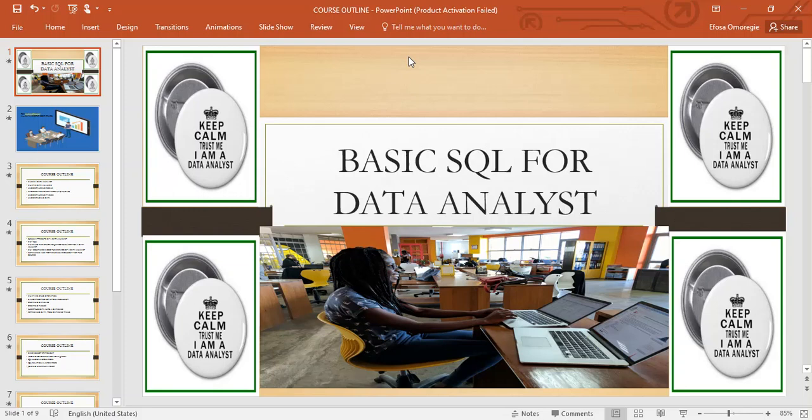That's what you want to do. So in order for you to do that, you need something that will help you to acquire that data from the data source. Data source this time means the database.